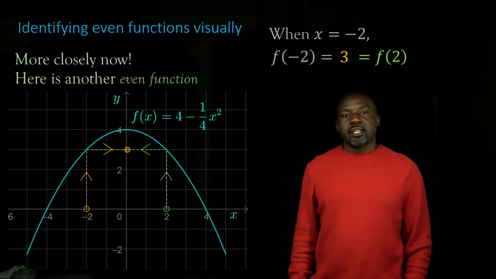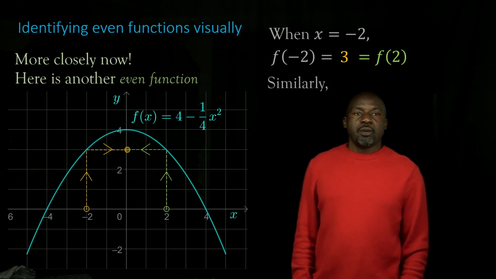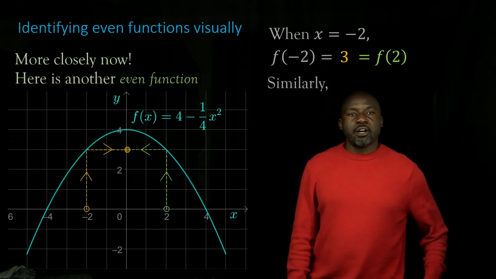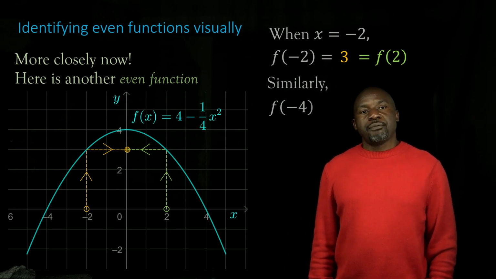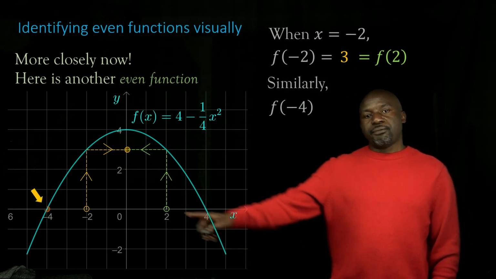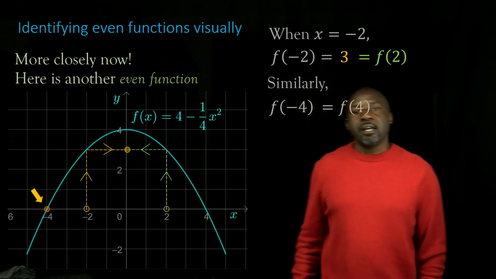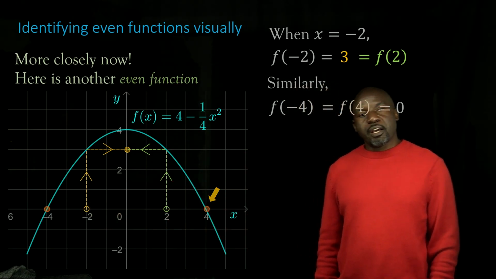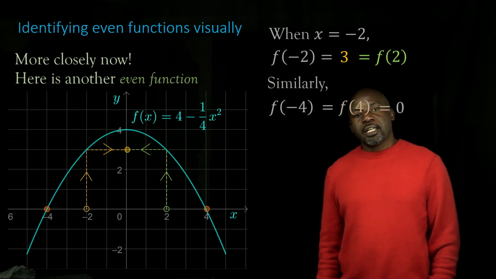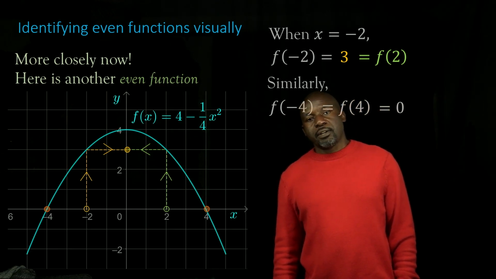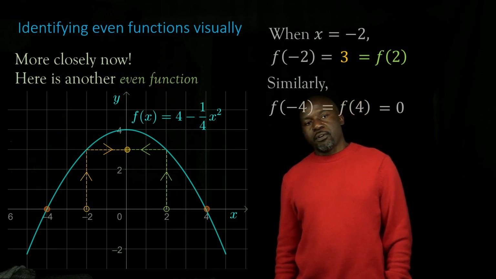We can try other values and see what's going on. What if we took f of -4? So f of -4 is appearing right there, and compare with f of 4, again you can see that f of 4 is 0 and f of -4 is also 0.